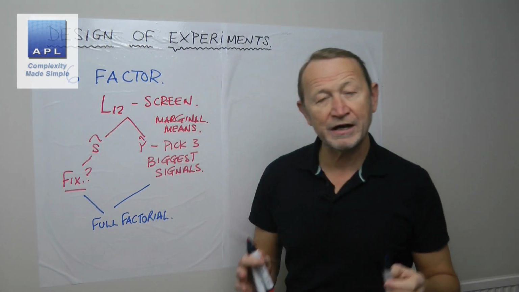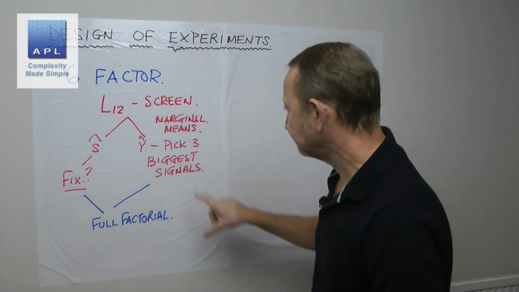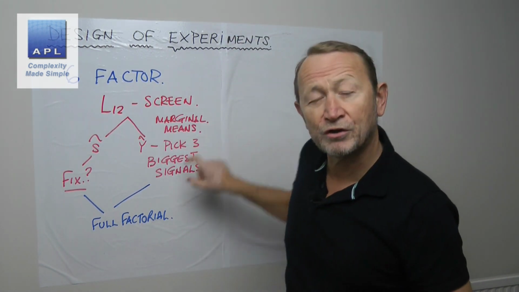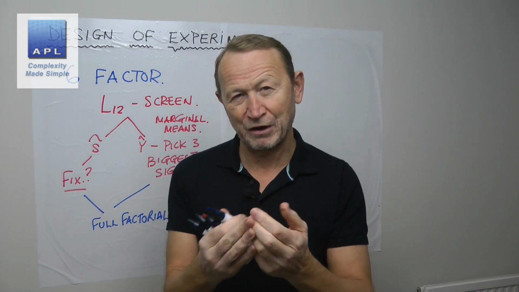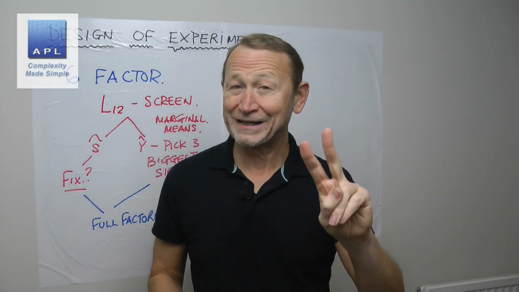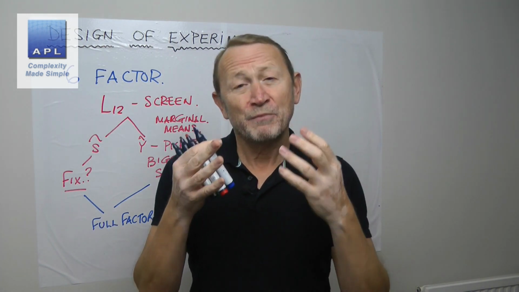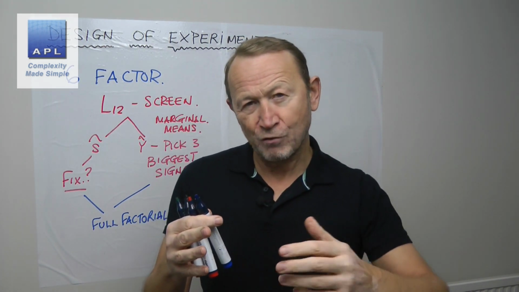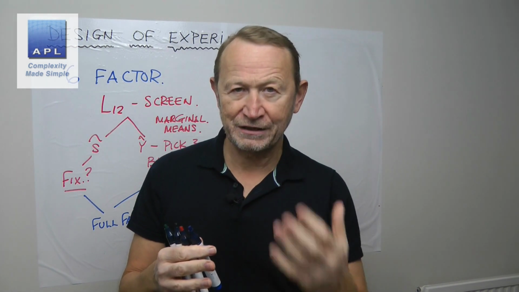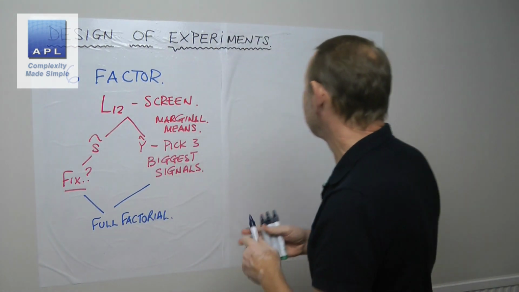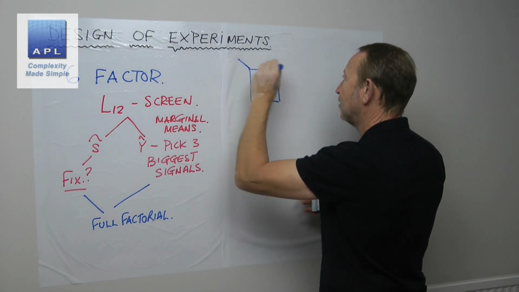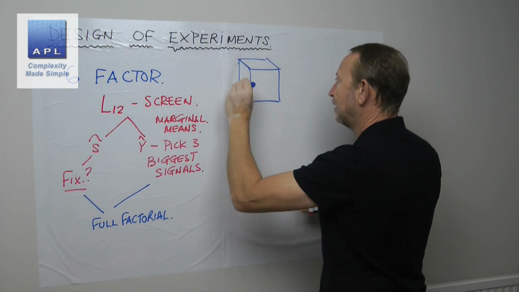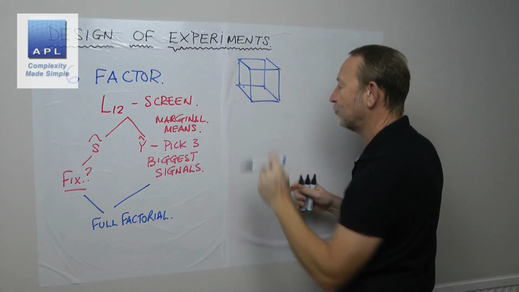Now, just something to say on this exercise. When you go and look for the 3 biggest signals, actually in the marginal means plot, really there's only 2 big signals. But I'm trying to keep this consistent for you, so I'm saying 3 each time. I'm effectively saying to you, let's go do a test and let's go and create a 3-dimensional box.